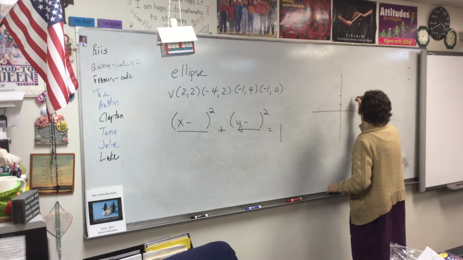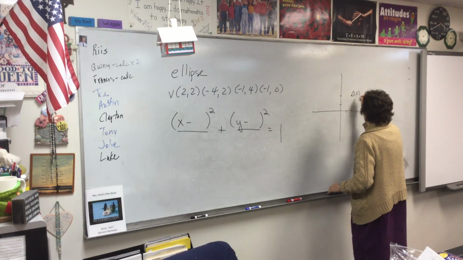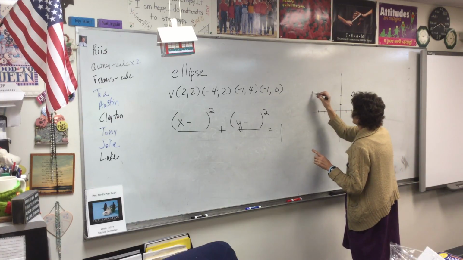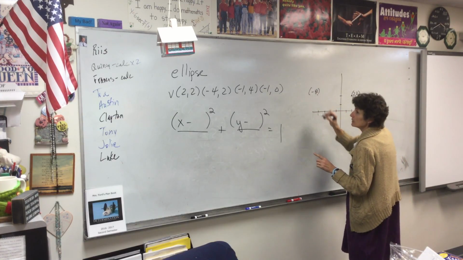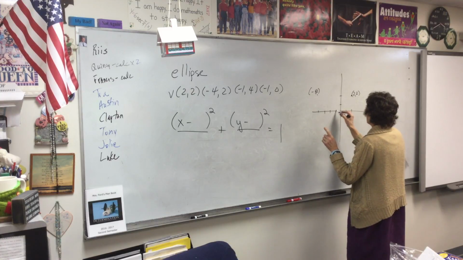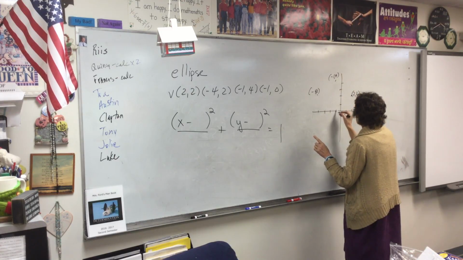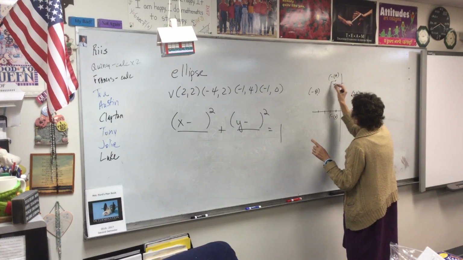So we have a vertex at 2, 2, and a vertex at negative 4, 2, and negative 1, 4, and negative 1, 0. So your ellipse looks like this.